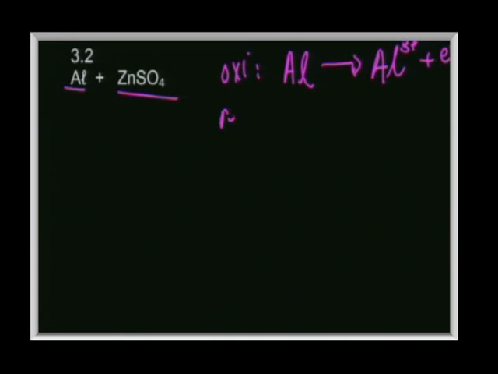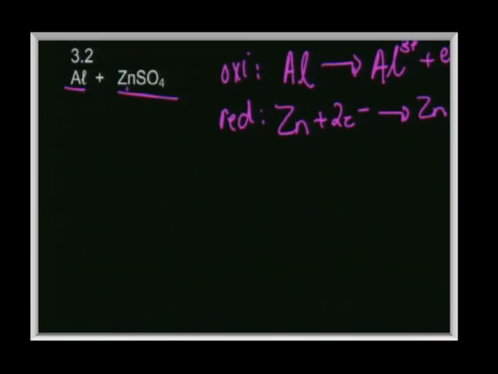Your reduction half reaction over here would be the one where zinc gains the electrons. So your zinc would gain electrons and turn into zinc metal, which has a 0 oxidation number.